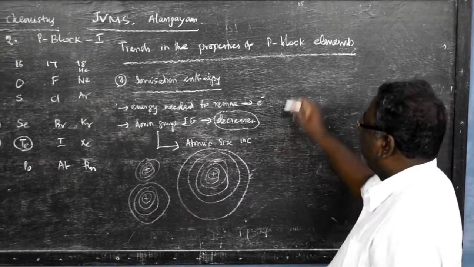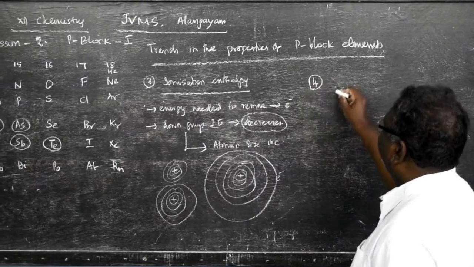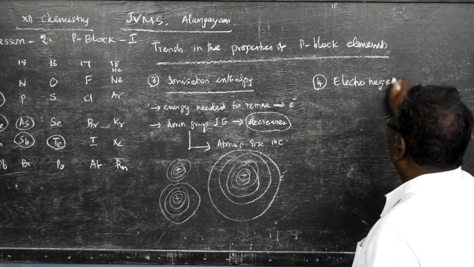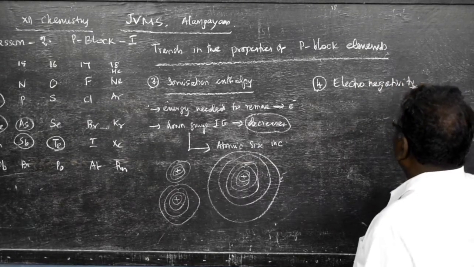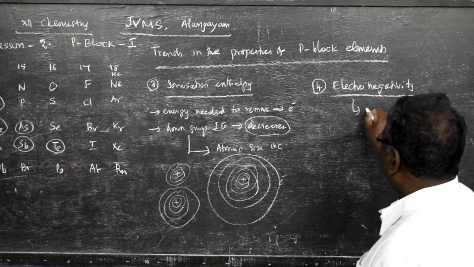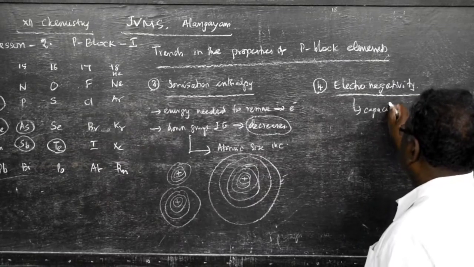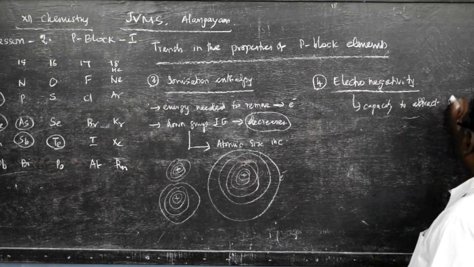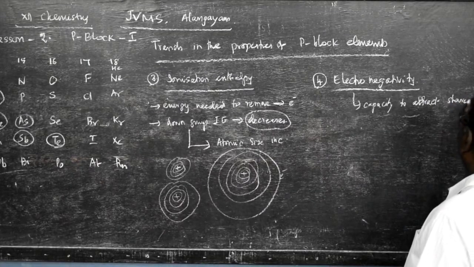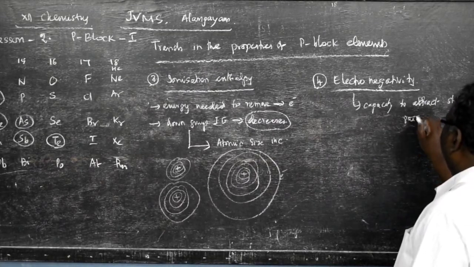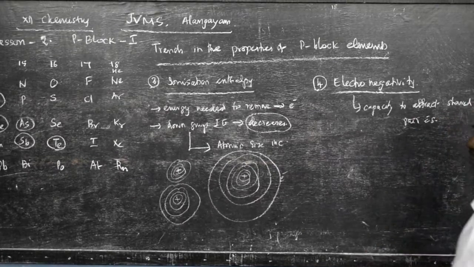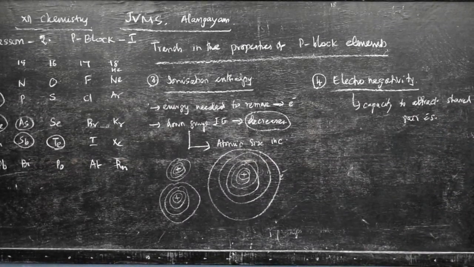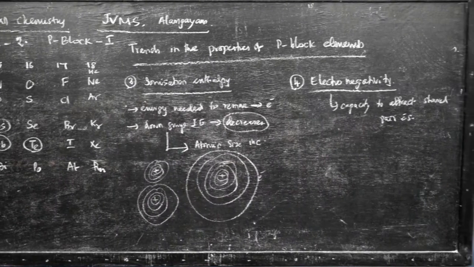The fourth property that we are taking up is electronegativity. What is electronegativity? It is the capacity to attract the shared pair of electrons present in the bonds, the bonding electrons.